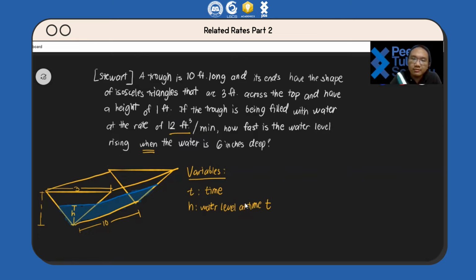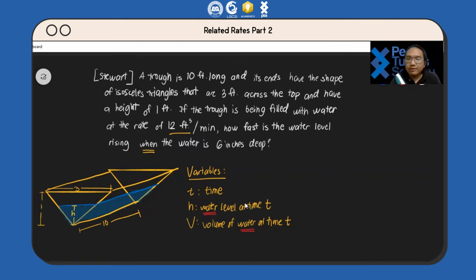That implies that we're also interested in V, the volume of the water at time T. Again, just to emphasize, we're talking about the volume of the water here, not the volume of the prism per se. H is the water level also.